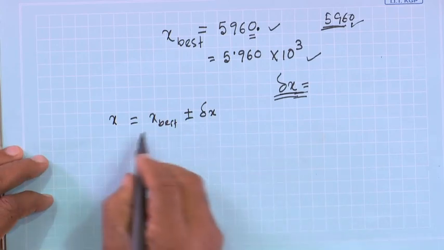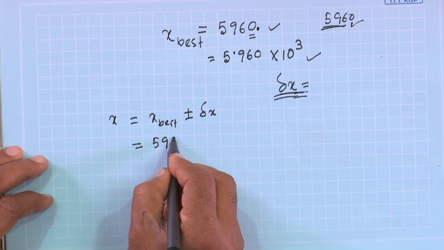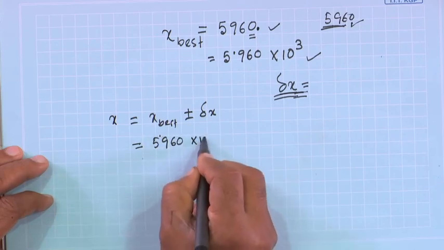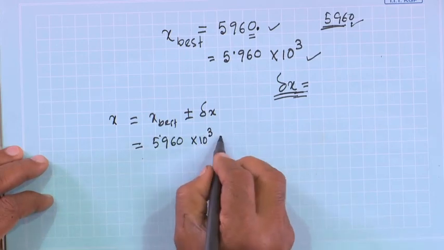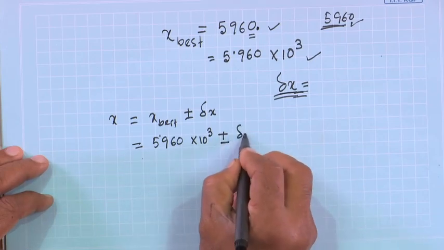And you have written, say, 596 into 10 to the power 3. Then plus minus, you have to write delta x.